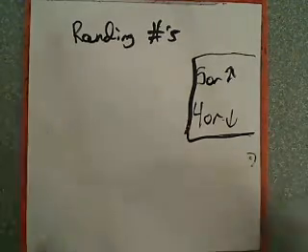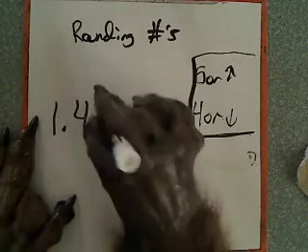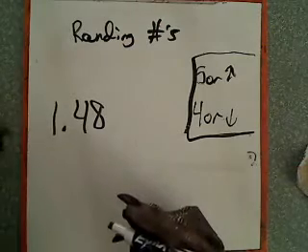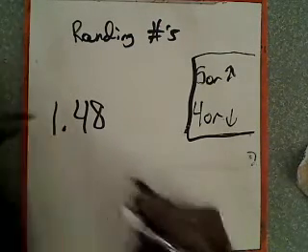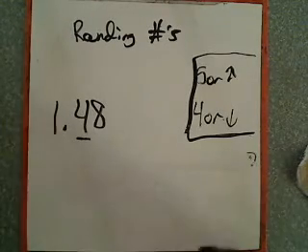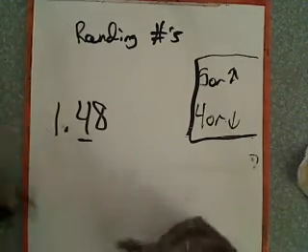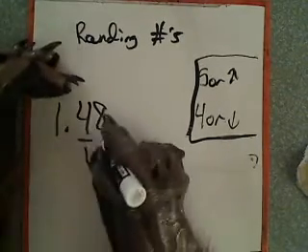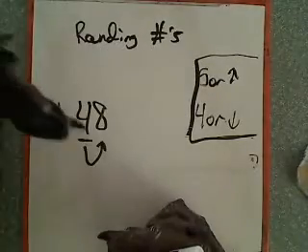Let me try to confuse you. 1.48. Okay, so what I want you to do is I want you to round this number to the tenths spot. Tenths. And it's going to be on that side. So what's going to happen to that 4? You're going to look at the number next to it. Is that number next to it 5 or more or 4 or less?